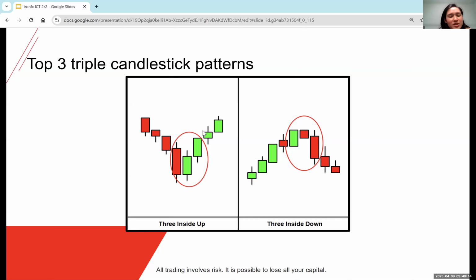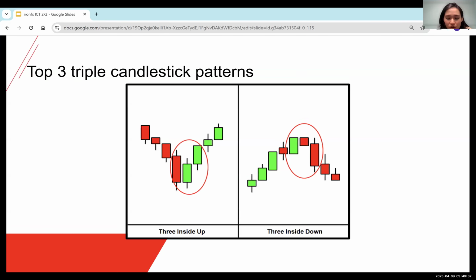It just tells you there's a reversal to the upside or reversal to the downside. Okay, that's it for our price action.